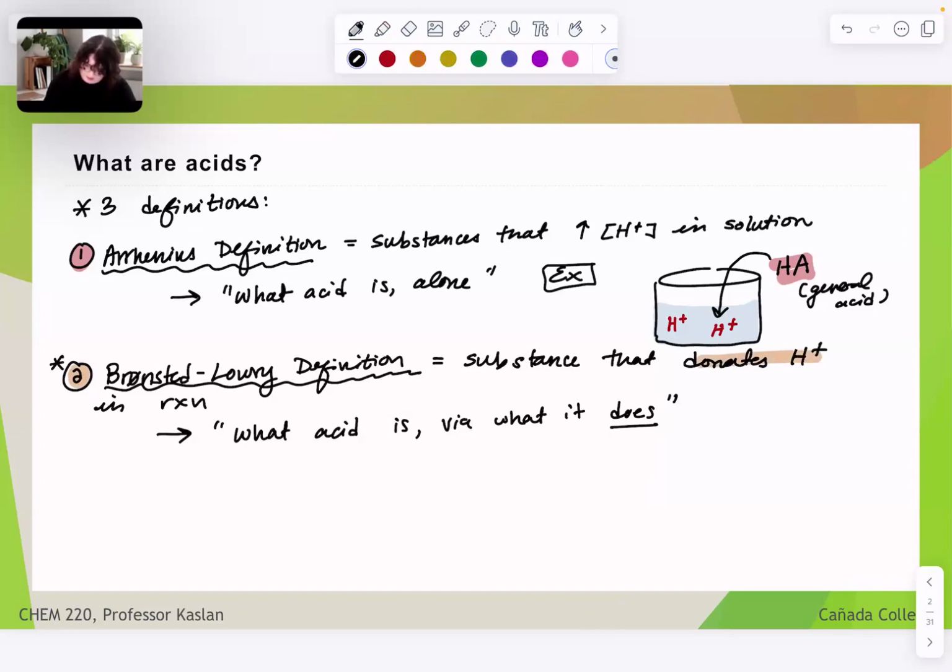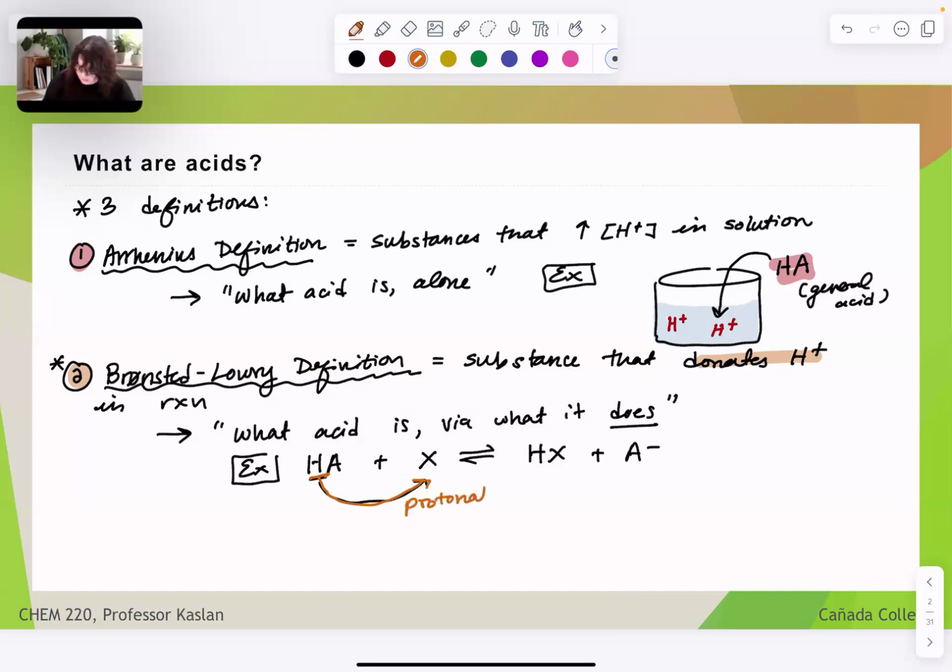So if I had something like, for example, HA reacting with X, if this were to protonate X and leave behind an A minus anion, this hydrogen ion donation, this protonation, is what would classify this general acid, HA, as being a Bronsted-Lowry acid.